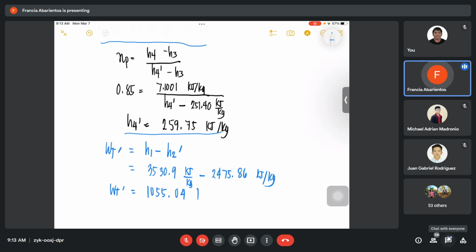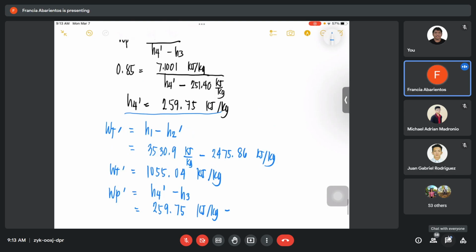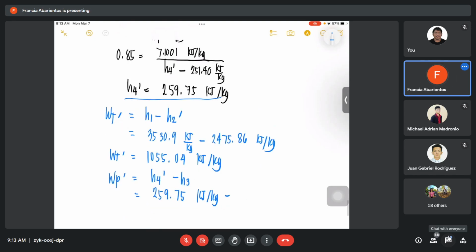Kilojoule per kilogram. We will also compute for the actual pump work. We have the H4 prime minus H3. So 59.75 minus yung H3 natin. Ito yung H3 natin, 251.4.